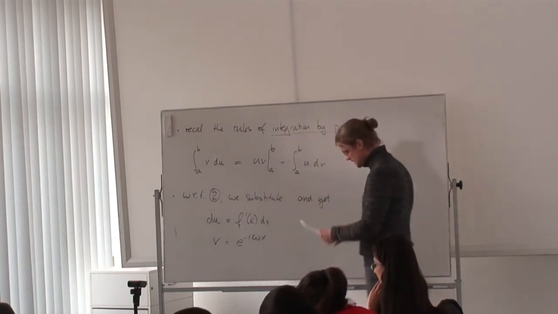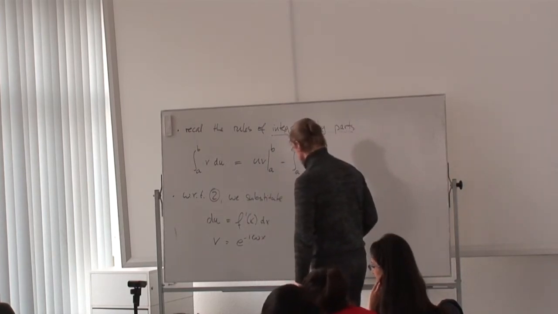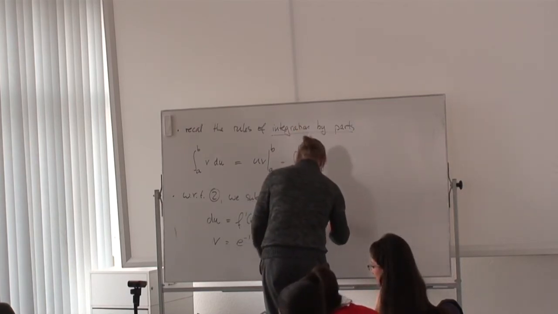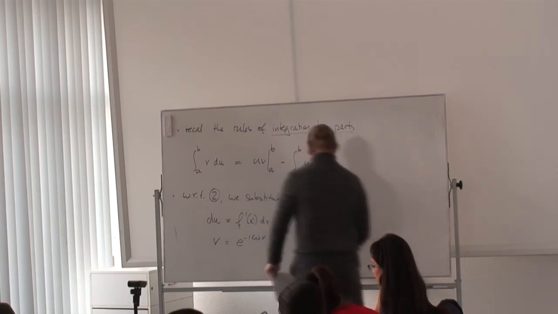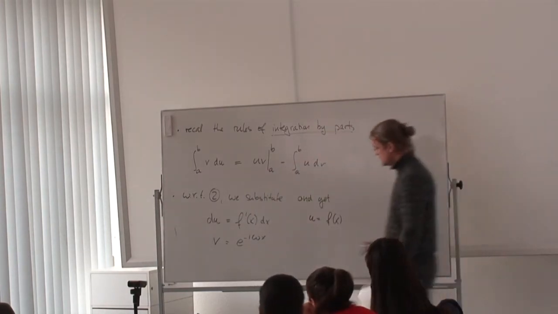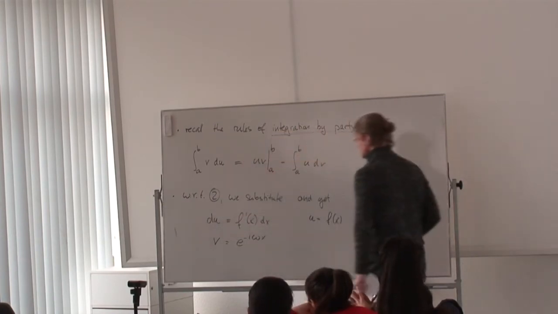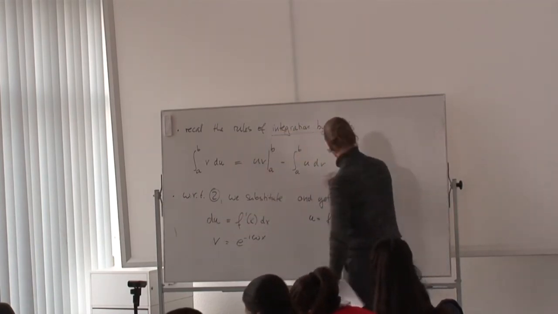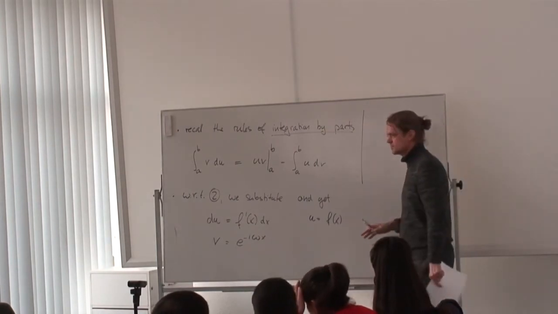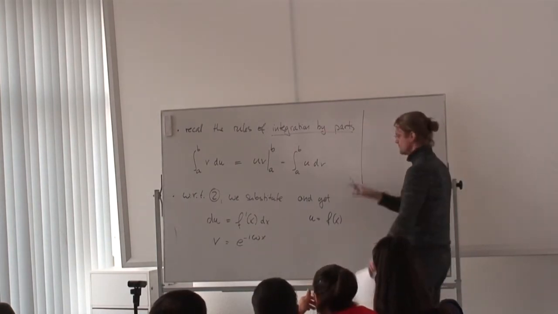So if we do this, we find that u is f of x. Can you see that? Because here we have du dx. I'll do it just once, because this is not a course on calculus, but let me do it ever so quickly.